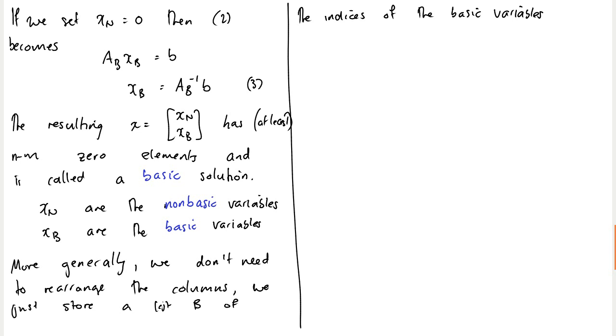Basically you store, for example, if your first two columns are linearly independent and you're 2 by something, then B might be the ordered set 1, 2, for example.